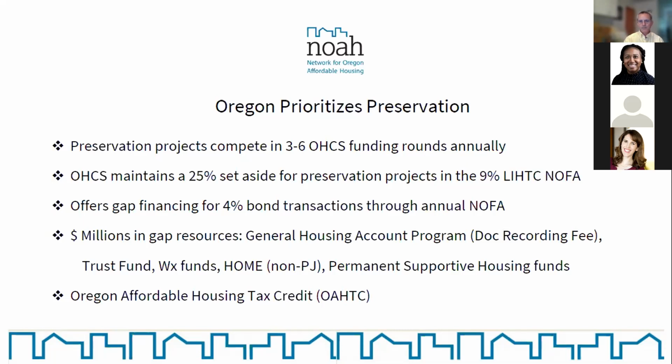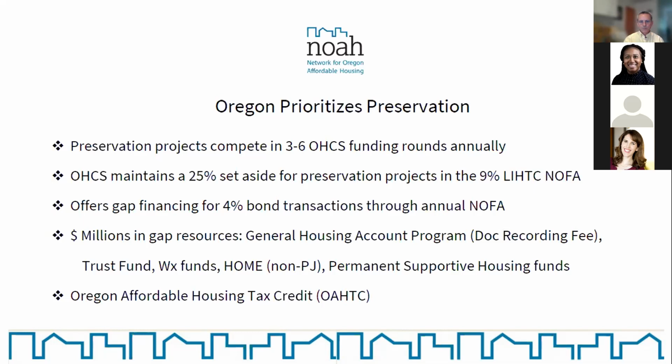And typically in most years, they would offer a gap NOFA for bond transactions. This year that was canceled due to COVID impact on lottery sales because those funds come through lottery bonds. But we expect that will be back next year.